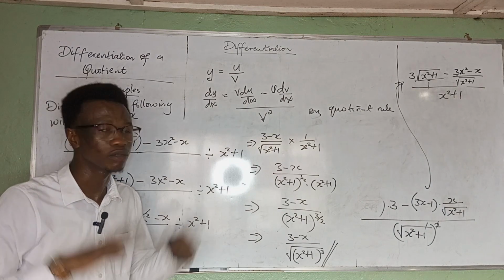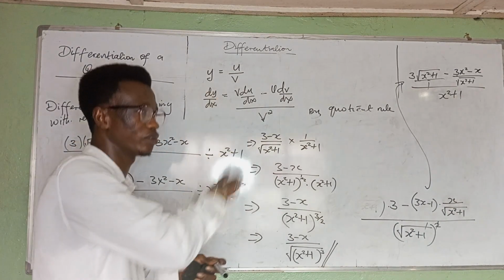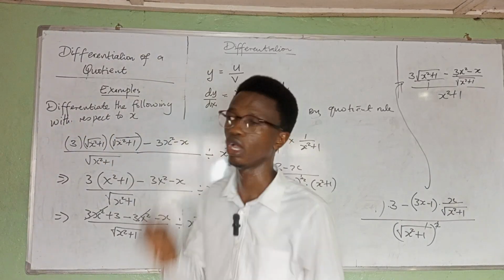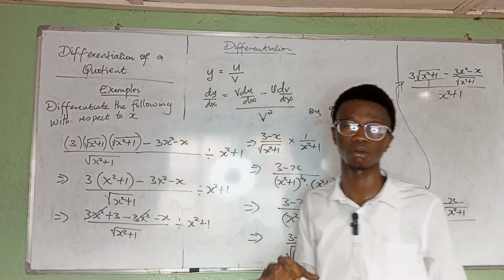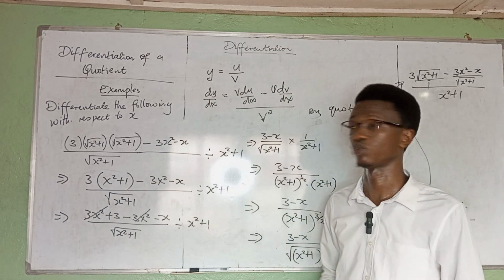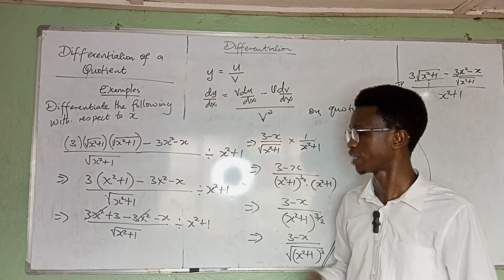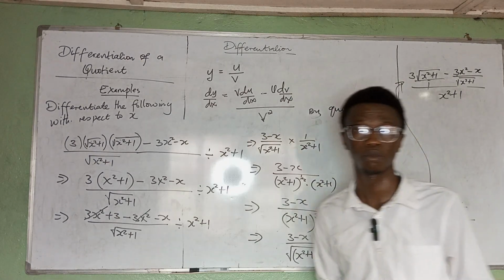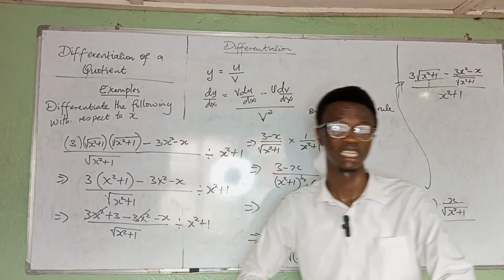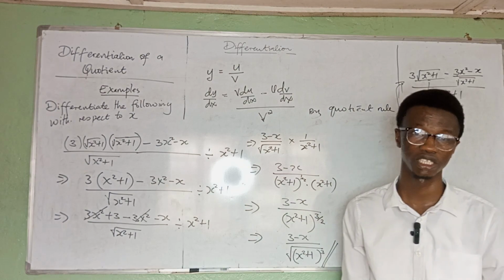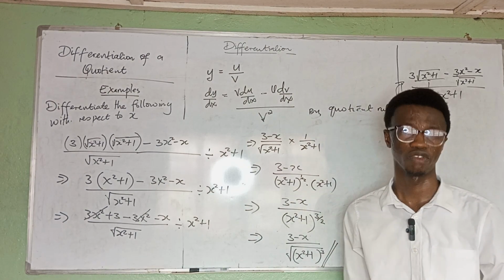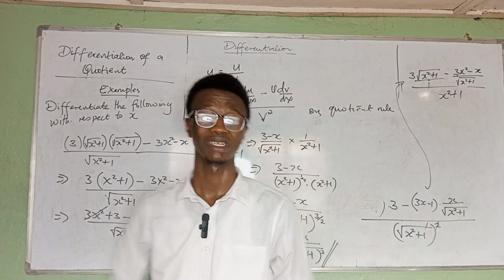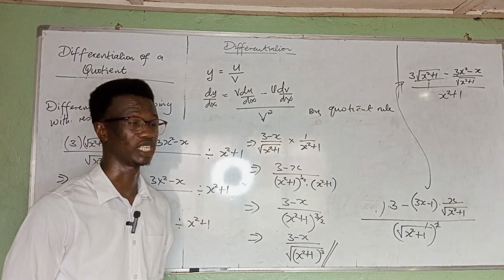I know it looks messy because I had to erase, take this one off and all of that, but I'm quite sure, just pause the video and try to copy or look at it for you to be able to understand. So that will be your answer to that particular problem, which at the beginning I told you is the most challenging question here. But I'm quite sure if you've been with me so far, you must have been able to understand exactly what we did here.